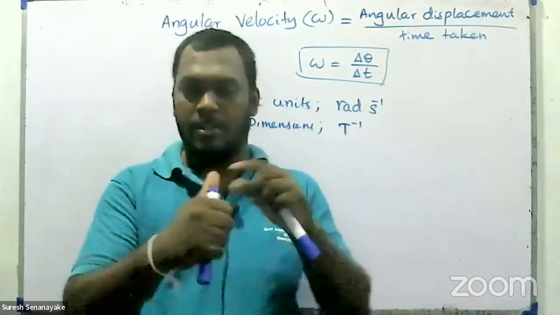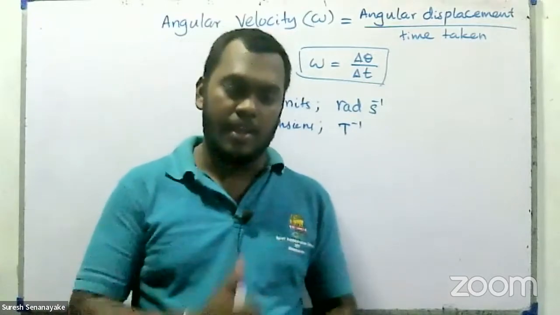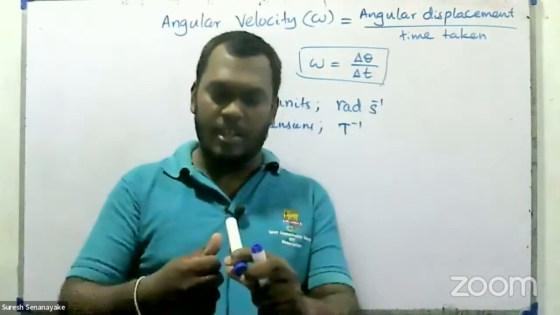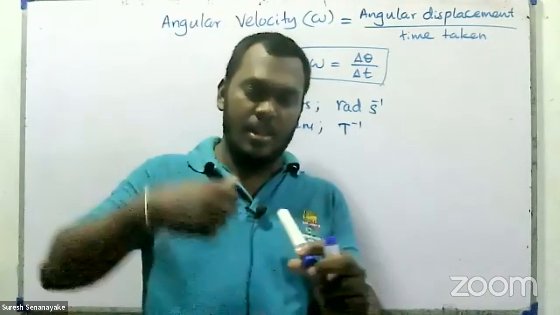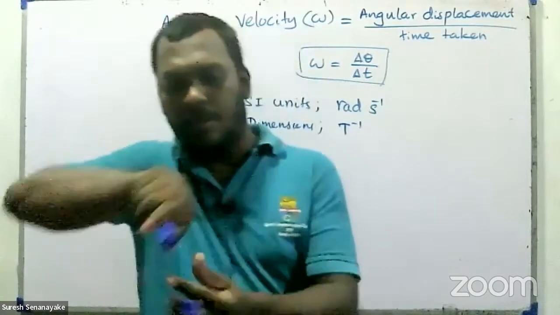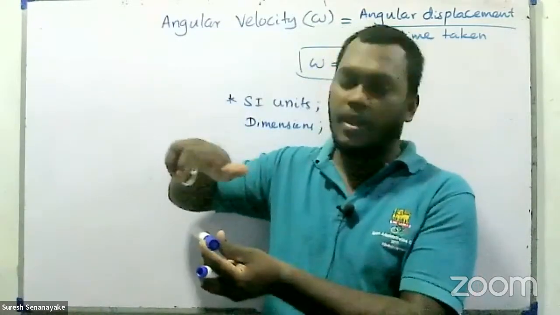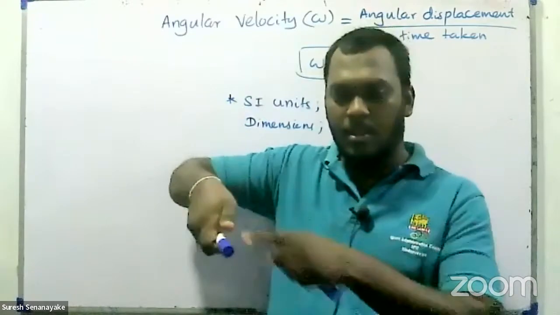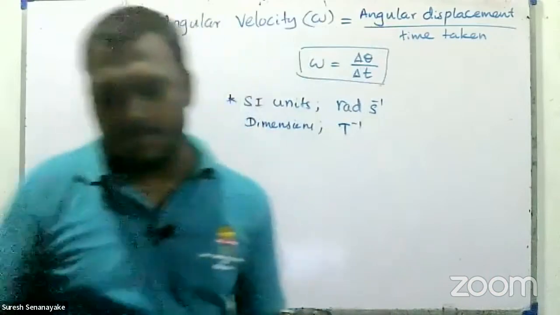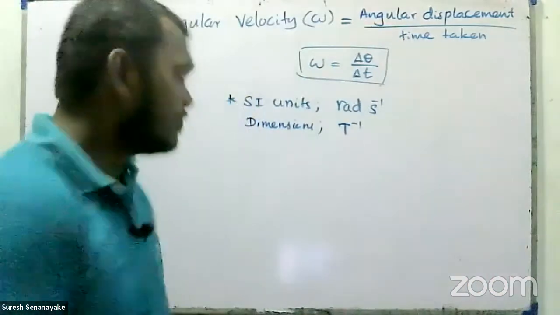Then the thumb is directed along the direction of the angular velocity, along the axis. If the body rotates to the other side, place your right hand like this, curve your fingers in the direction of rotation, and the thumb will point in the direction of the angular velocity. Clear?